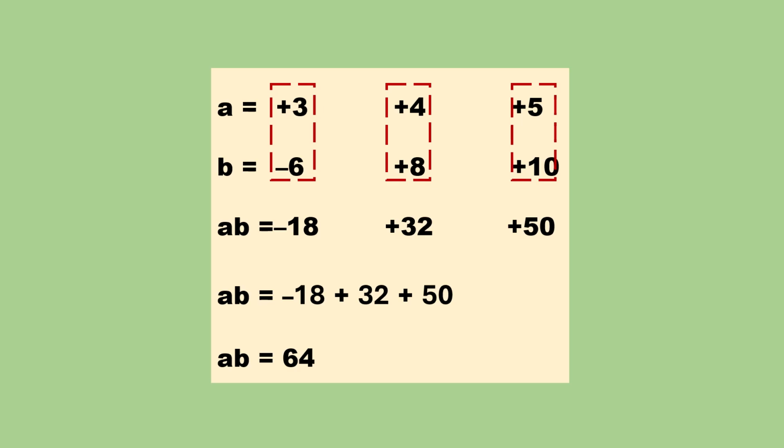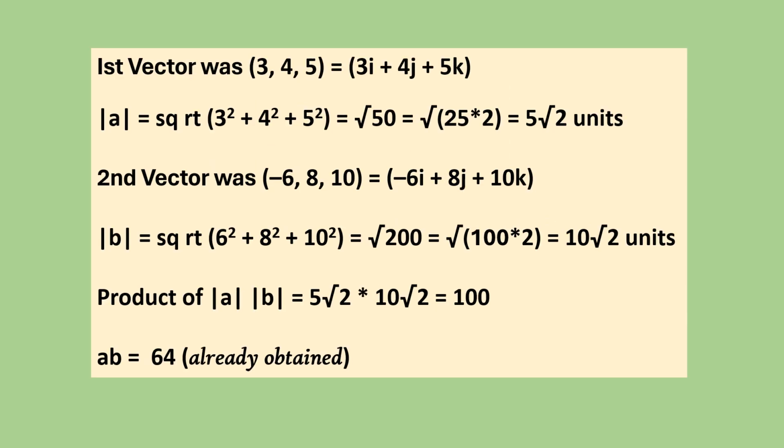Now we come to a very important concept. What was the first vector? 3, 4, 5, which can also be written as 3i plus 4j plus 5k, and the absolute magnitude, as we told you, is the square root of the sum of their squares. So square root of 3 square plus 4 square plus 5 square, which gives you 5 root 2 units.